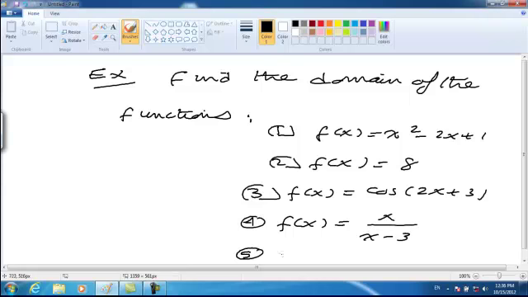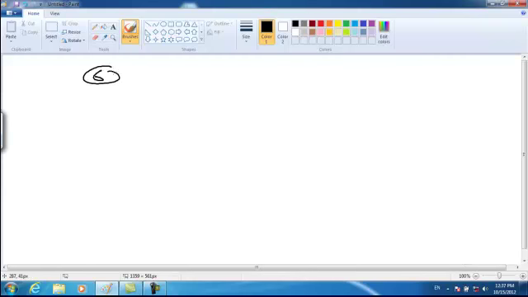Number 5, f of x equals 2x divided by x square minus 3x minus 2. Number 6, f of x equals square root x plus 3.